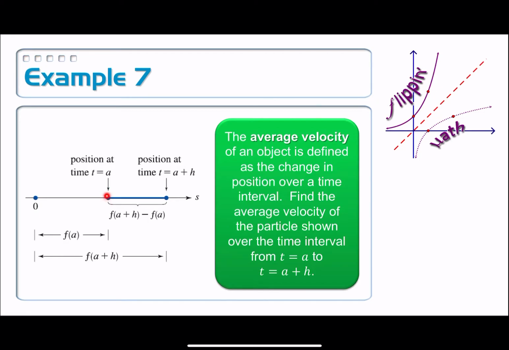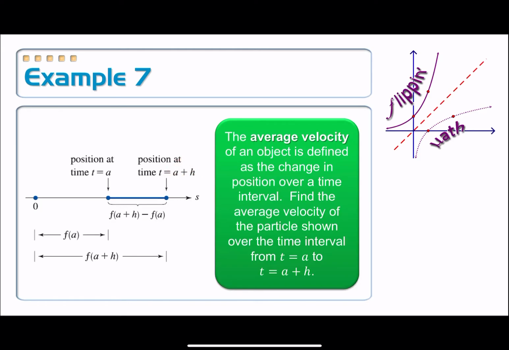It starts at this particular position, it will be at f of a at time a. And then let's say after some time period has expired, a plus h, it has moved to a new position, f of a plus h. And we want to know what was the average velocity of that particle. It is just simply the distance that it traveled over the time it took to travel there, right?